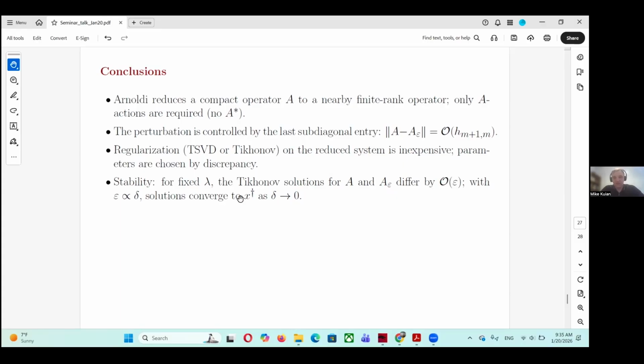That guarantees the convergence of solutions to the real least squares solution X dagger when the noise converges to 0. We say that the regularization converges if, when the noise approaches 0, this surrogate solution approaches the real solution.